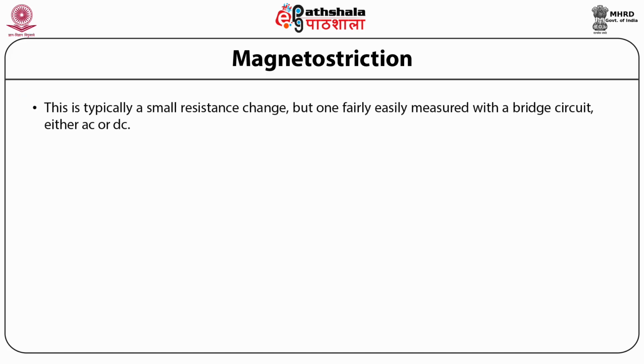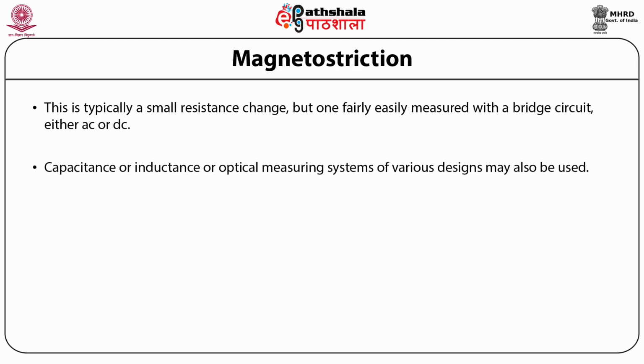This is typically a small resistance change, but one fairly easily measured with a bridge circuit, either AC or DC. Capacitance or inductance or optical measuring systems of various designs may also be used.